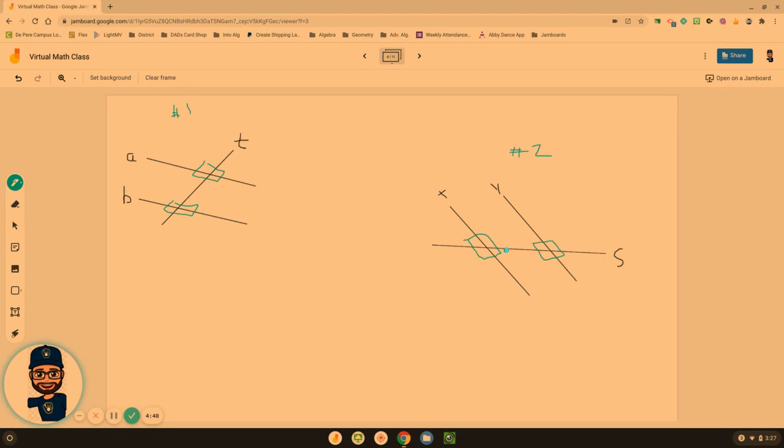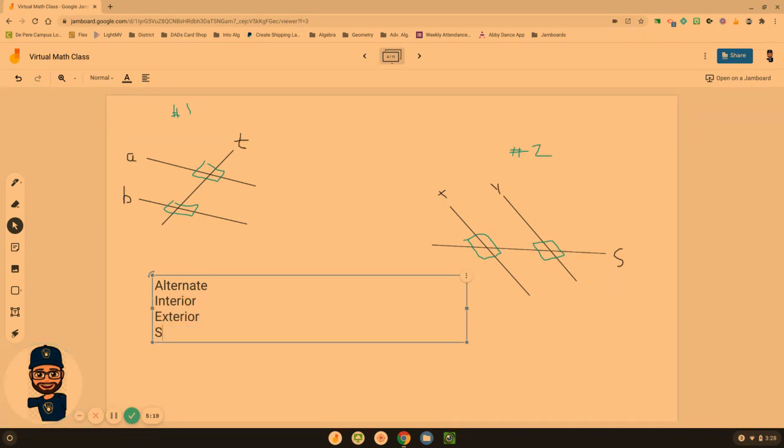A few of the words that we're going to use in a moment are going to be called alternate, we're also going to use interior, and we're also going to use exterior. And I'm going to type these because it'll go much faster if we type them. Alternate. Interior, exterior. Same side. Okay. Alternate refers to opposite sides of the transversal.